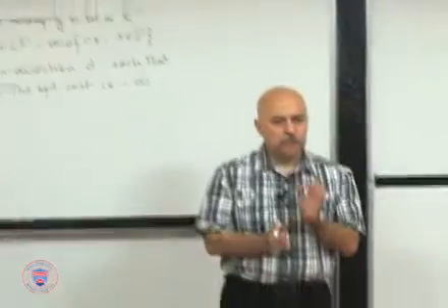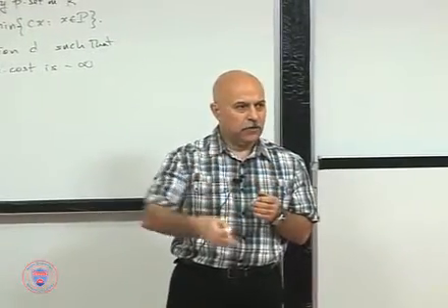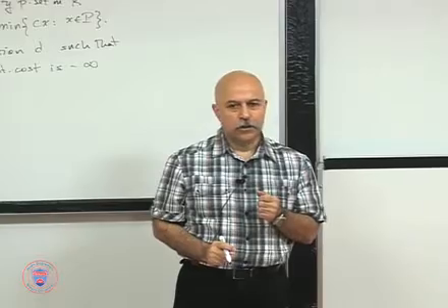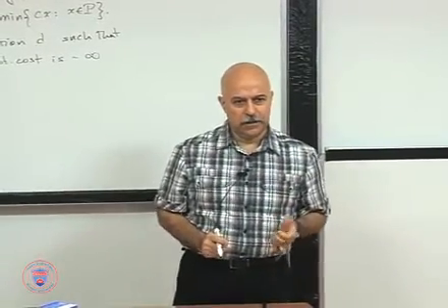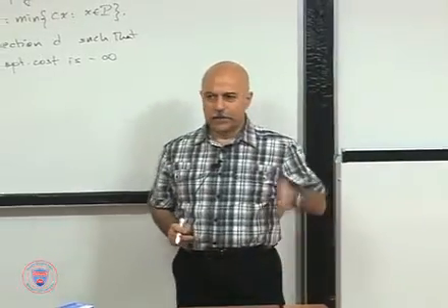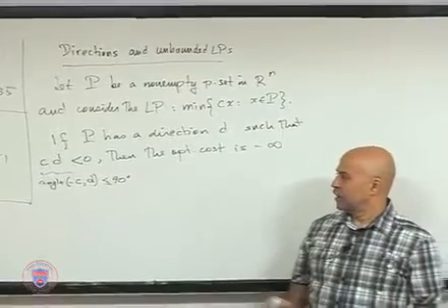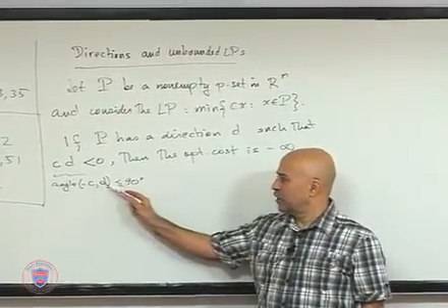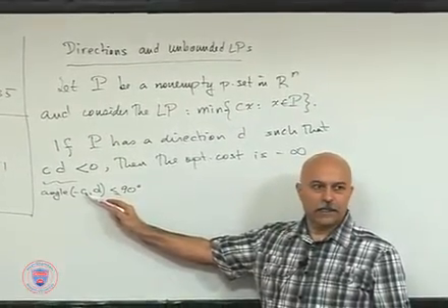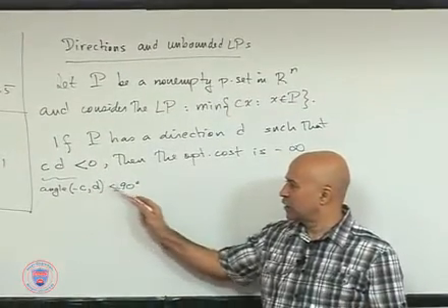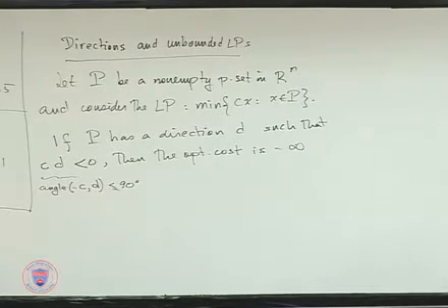For a minimization, the movement in the feasible region in the direction of minus C makes you go down in objective function value. If you move along the direction C, you go up and further up. If you move along the negative of the cost vector, you get smaller and smaller. So whenever you have a direction D whose angle to the negative cost vector is less than 90 degrees, you can get smaller and smaller indefinitely with no bound.